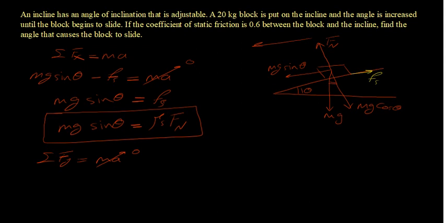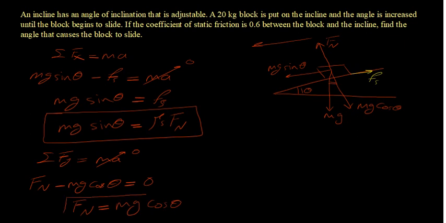On the left-hand side of this equation, the normal force minus mg cosine theta will be the total forces acting on the y-axis, and all equal 0. From here, the normal force equals mg cosine theta, the cosine component of the weight.